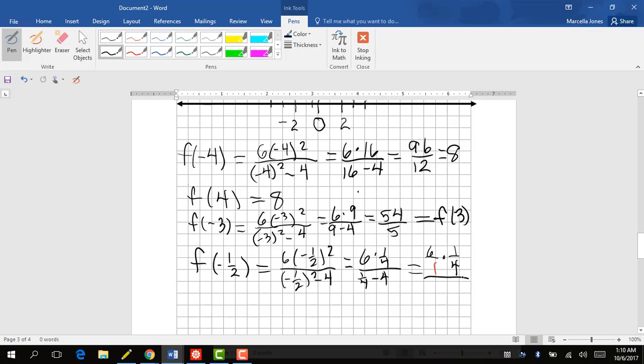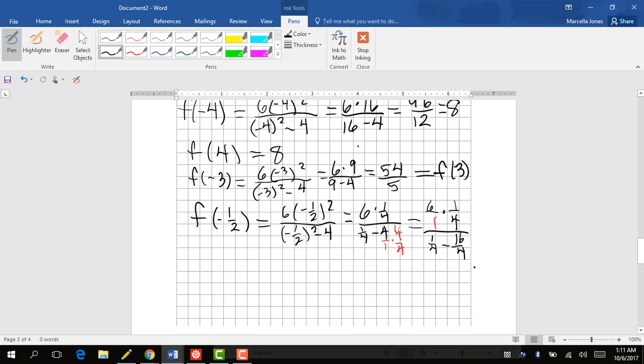And in the denominator, I need to think of this as 1 over 4 minus, notice how I'm going to change the 4 to a fraction that has a denominator of 4. So I change 4 to 4 over 1, and I multiply it by 4 over 4, so I have a common denominator. So I have 6 over 4 over 1 over 4 minus 16 over 4, which is -15 over 4.